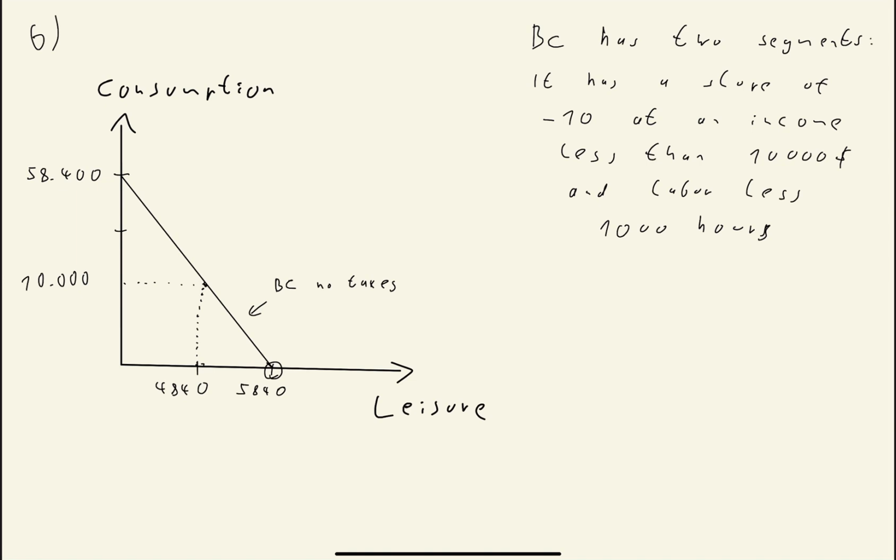And then there is a change in the tax bracket in that you start to pay 25% of the taxes on all income over $10,000. So now, let's pull this first.